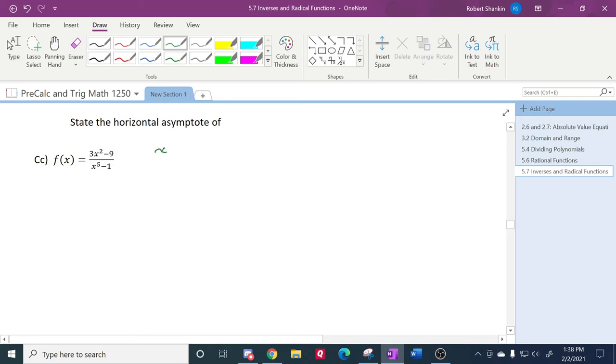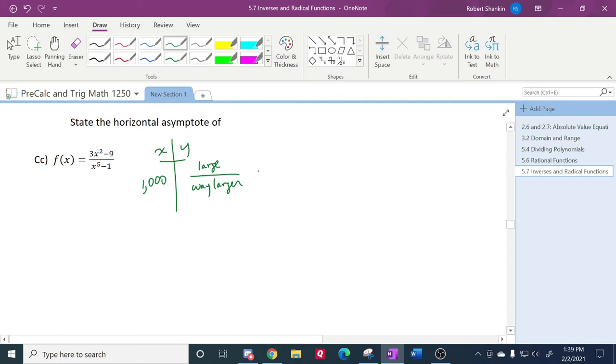So, if I was to make a table of values, and I put large numbers like 1,000 here, this top number is large, but this one is way larger. If you have a large number in a fraction, but a way larger number below, remember, a fraction is the ratio. How many times this is bigger than this, or in this case, it's smaller than that.